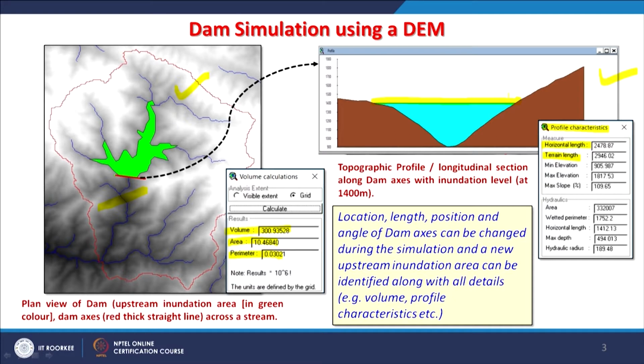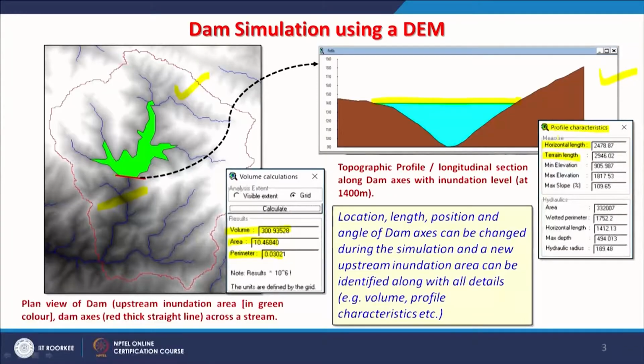Recall the discussion we had about the perimeter, the planimetric length and our terrain length. Similarly here, the horizontal length is the planimetric length and the terrain length is this one. So obviously terrain length will always be more than your planimetric length. The same would be true for the perimeter also.